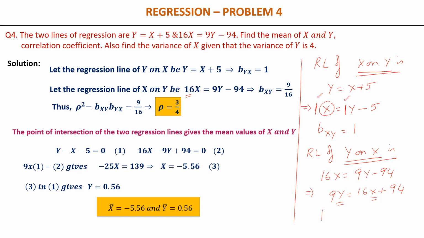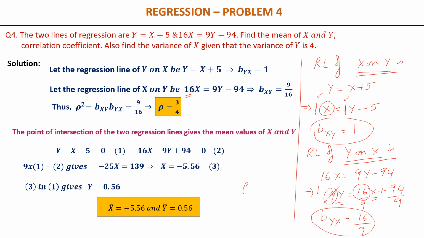Now I want the slope, that is byx. It is the coefficient of x when the coefficient of y is 1. It's not 1, so I divide by 9 and make it 1. So byx is now 16 by 9. Now I have calculated the slopes of both the equations that I assumed.